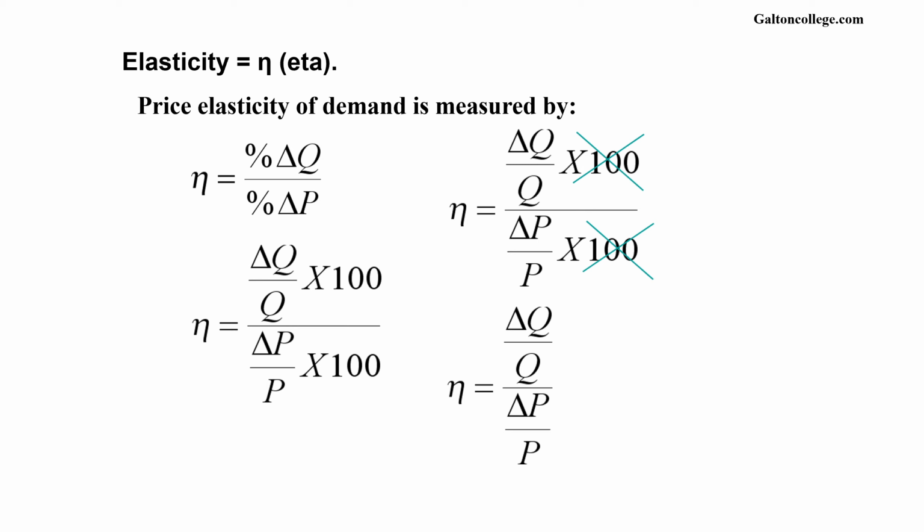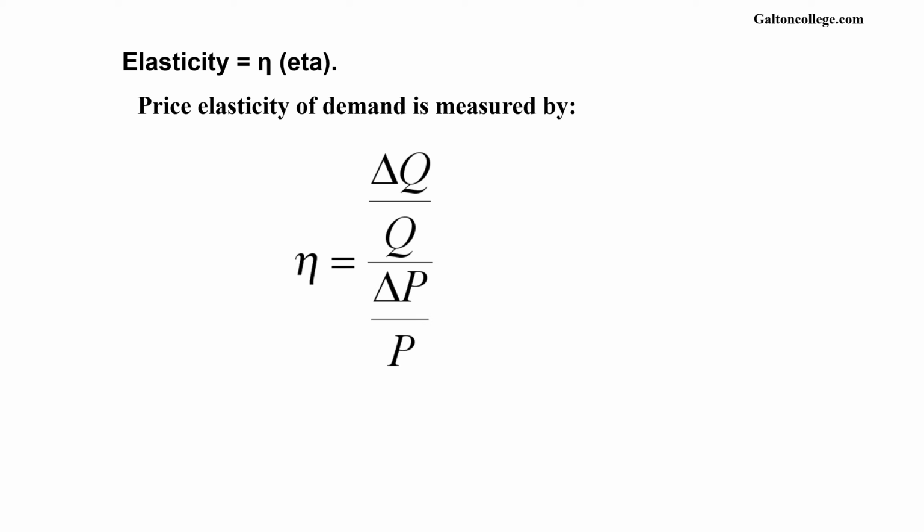And that's what we've got there. So let's get rid of all the clutter here, and we'll just focus in on this bit over here. So let's write that out, and there it is. So now we've got the elasticity is equal to the change in quantity divided by the quantity all over the change in price divided by the price. Right.